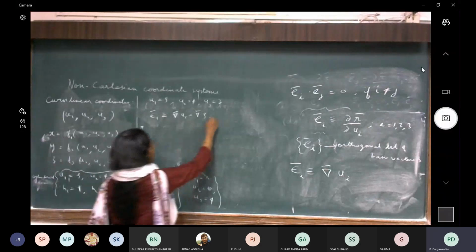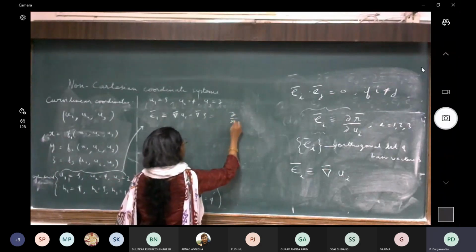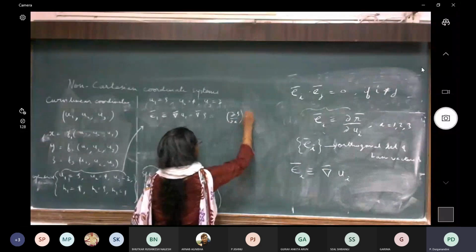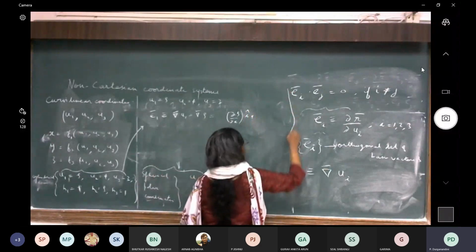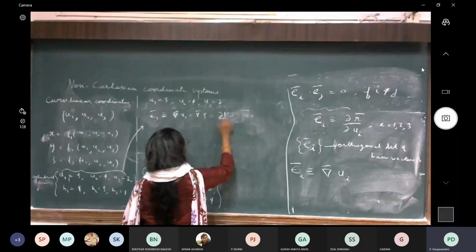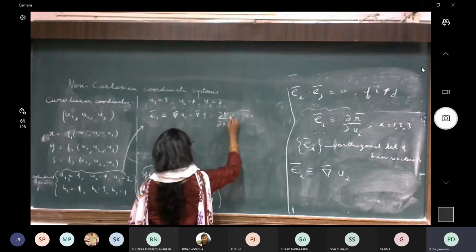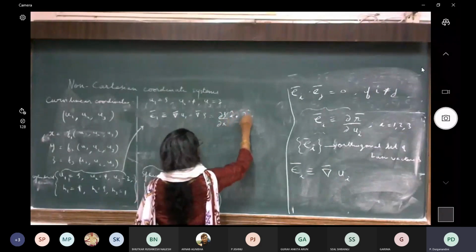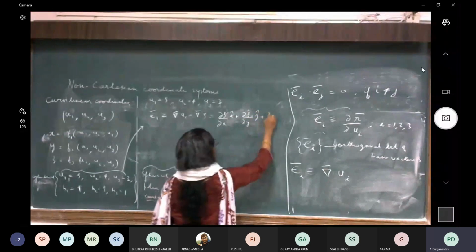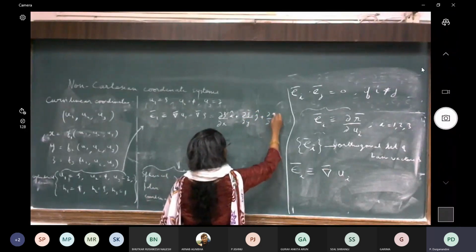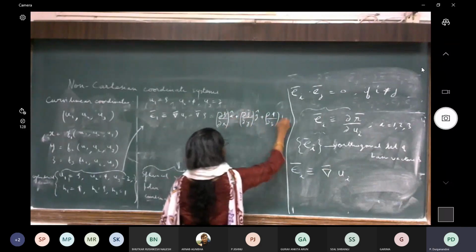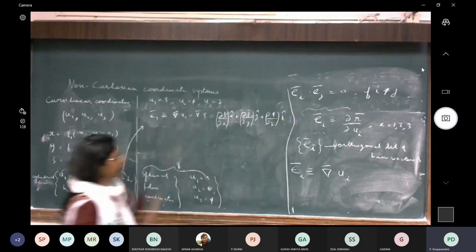So by definition, it means del rho by del x times i cap plus del rho by del y times j cap plus del rho by del z times k cap. That's what this definition means.